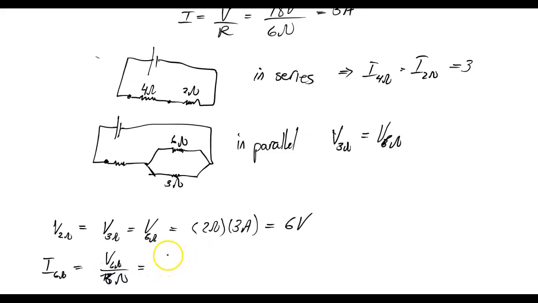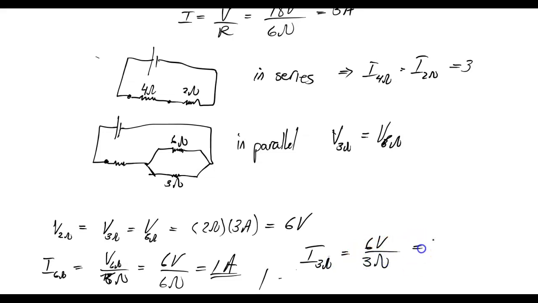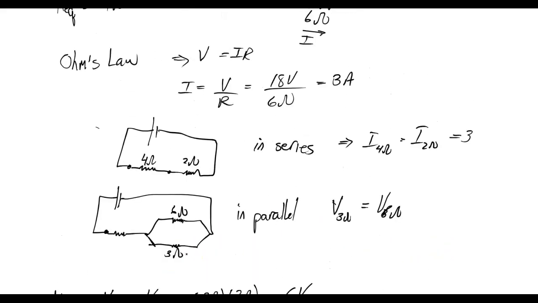And that would give me 6 volts divided by 6 ohms, which is 1 amp. And the current through the 3 ohm resistor is going to be 6 volts divided by 3 ohms, which is 2 amps.